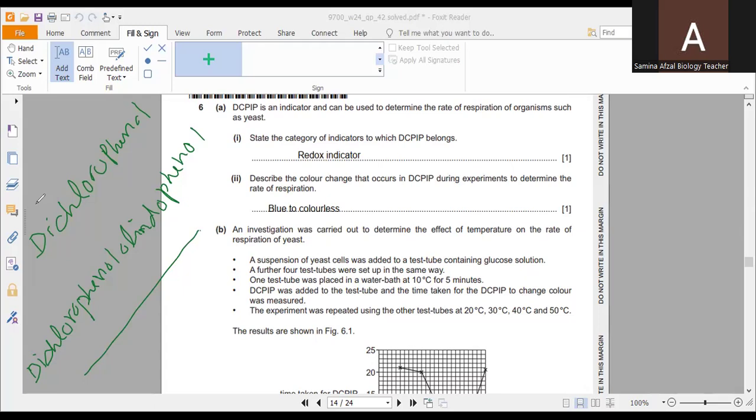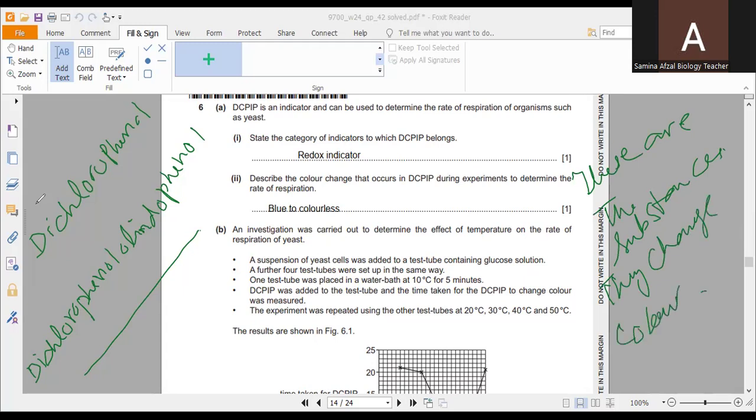And what are redox indicators? These are substances that change color depending on whether they are oxidized or reduced.